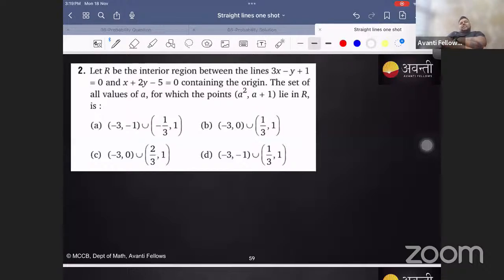R is the interior region between the lines this and this containing the origin. Now the set of all values of alpha for which this point lies in R. Very good. I got 2 volunteers for C. Others also contribute.